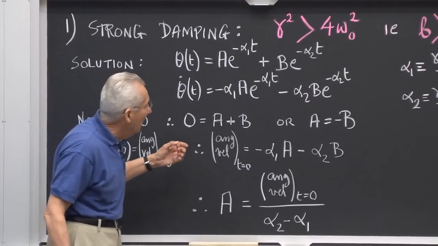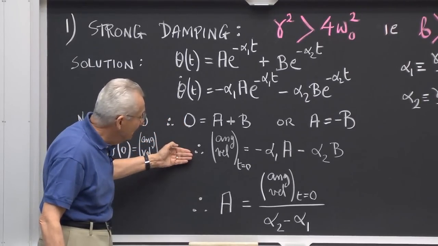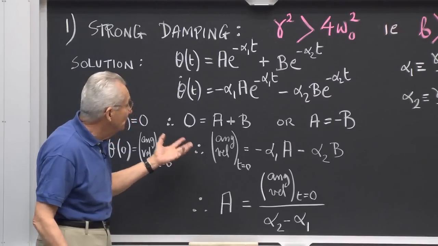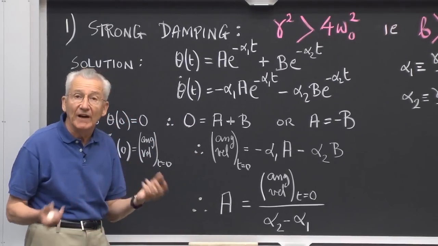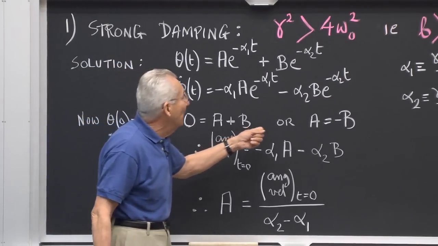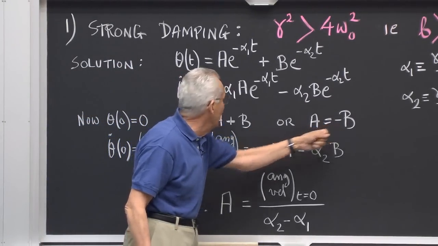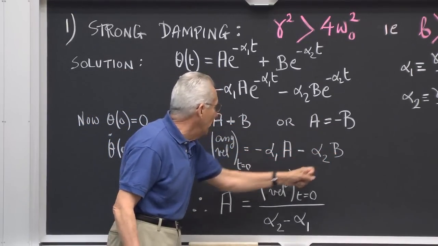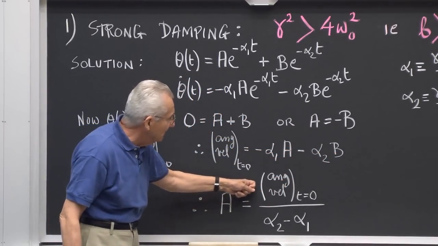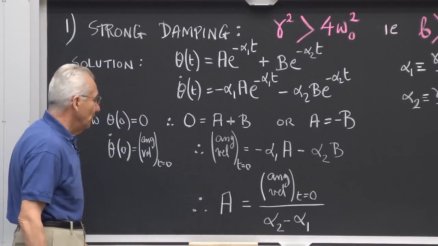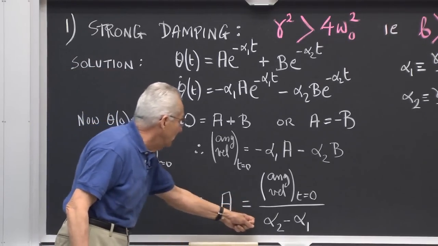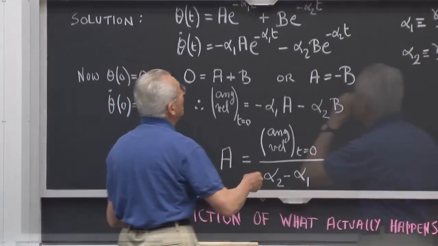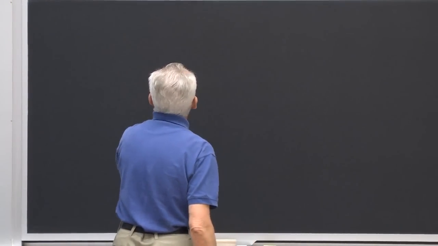We now have two equations with two unknowns, two algebraic equations. Therefore, we can find a and b. In fact, we found already that a is equal to minus b from this equation. And then replacing b by minus a, we find that a is the angular velocity at t equals 0 over alpha 1 minus alpha 2.